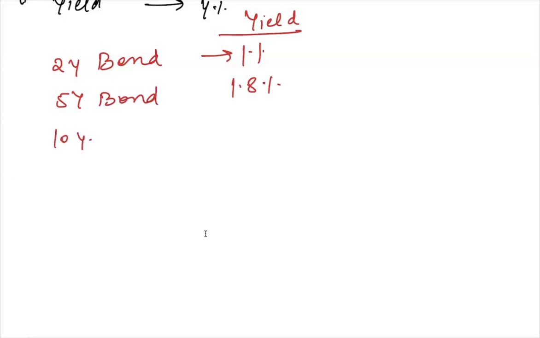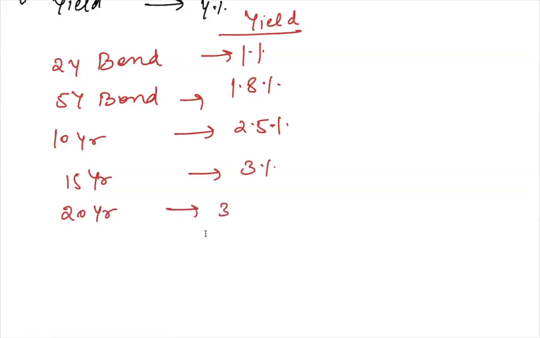A 10 year bond gives 2.5% yield. Similarly, a 15 year bond gives a 3% yield, a 20 year bond gives 3.5% yield, and a 30 year bond gives 4% yield.